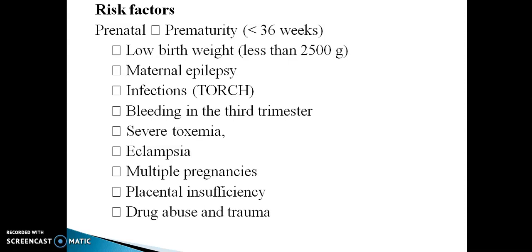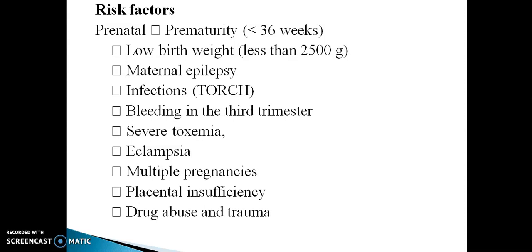The other prenatal risk factor is low birth weight, which is less than 2.5 kilograms, or 2,500 grams. There are three categories: very low birth weight, moderate low birth weight, and mild low birth weight. Anything below 1,750 grams is very low birth weight, that is severe low birth weight.